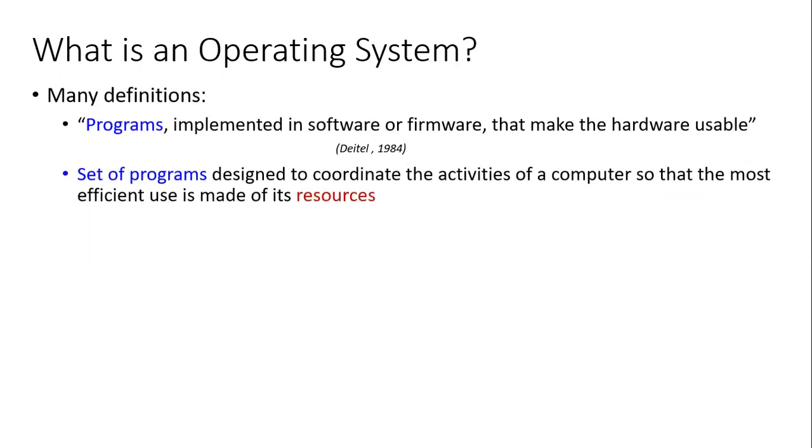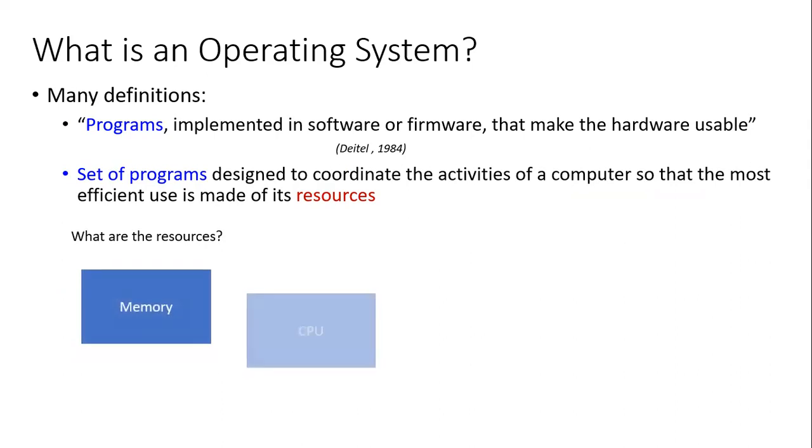powerful platform. There are many definitions again, like a program implemented in software or firmware that makes the hardware usable, a set of programs designed to coordinate the activities of the computer so that there is the most efficient use of the resources and stuff.